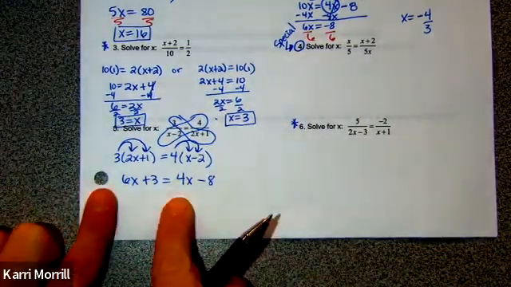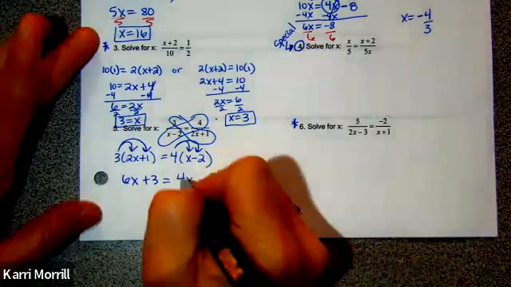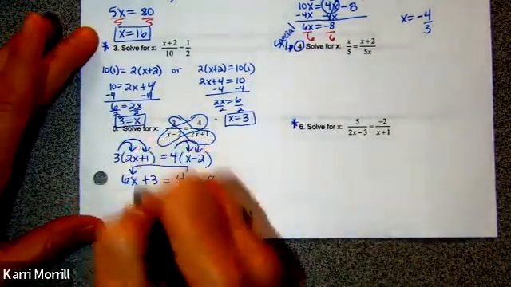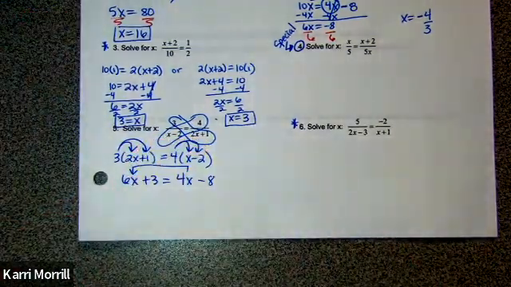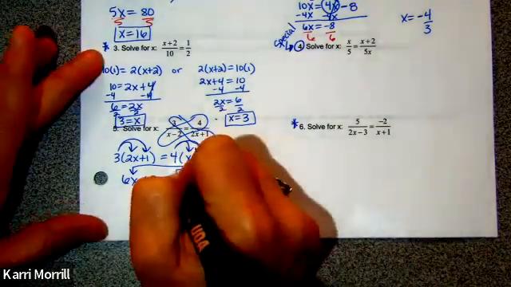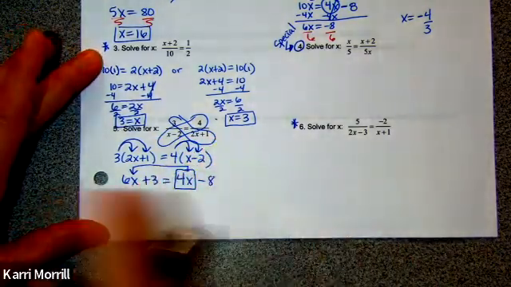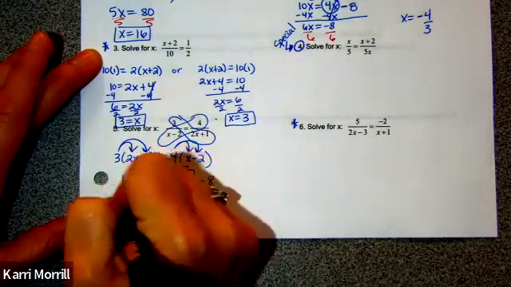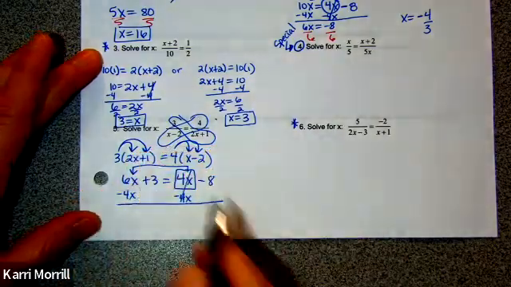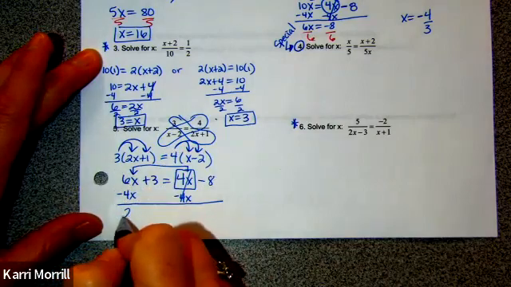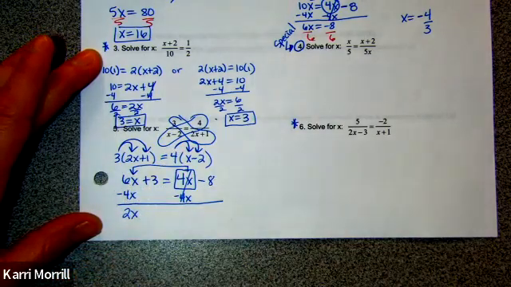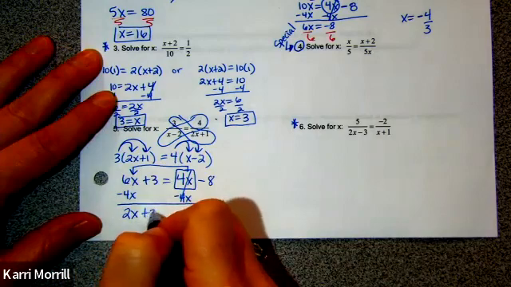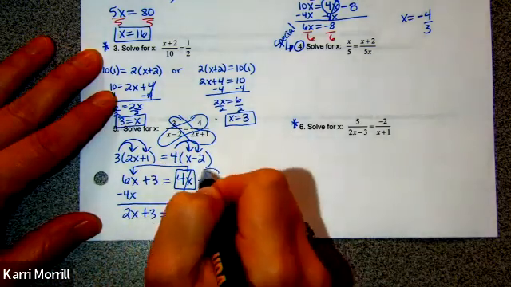We have variables on both sides and constants on both. We're about to get to next week inequalities and why I like to keep my variable on the left. But I want to move my variable for x from the right to the left, and I do that by subtracting. So I have 6 minus 4 is 2x. Then I would bring down plus 3 equals, and remember this is a negative 8.